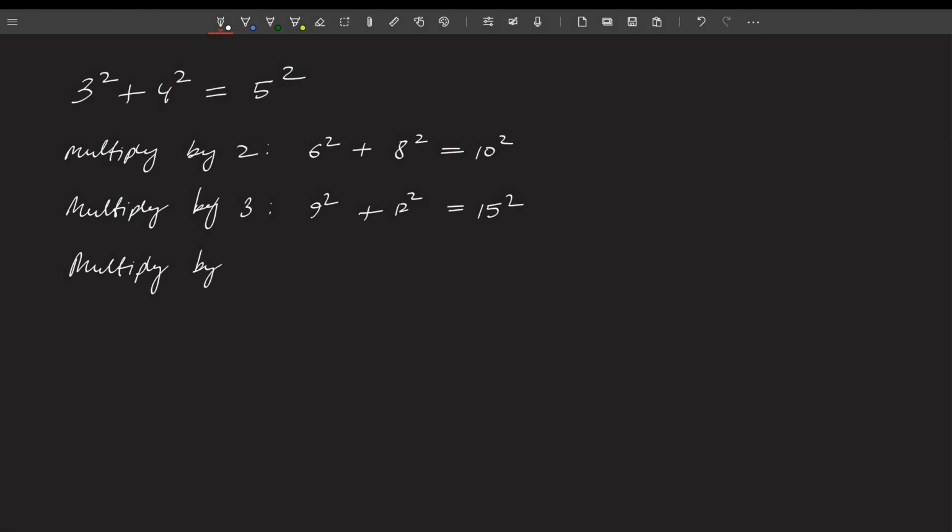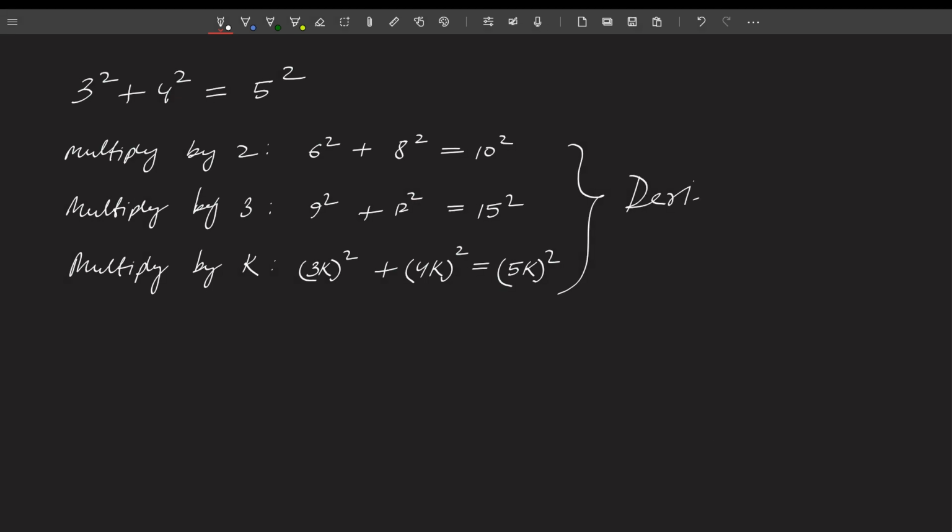In general, we can multiply by a constant, say k, and we will get 3k squared plus 4k squared equal to 5k squared, where k can be any positive integer greater than or equal to 1.